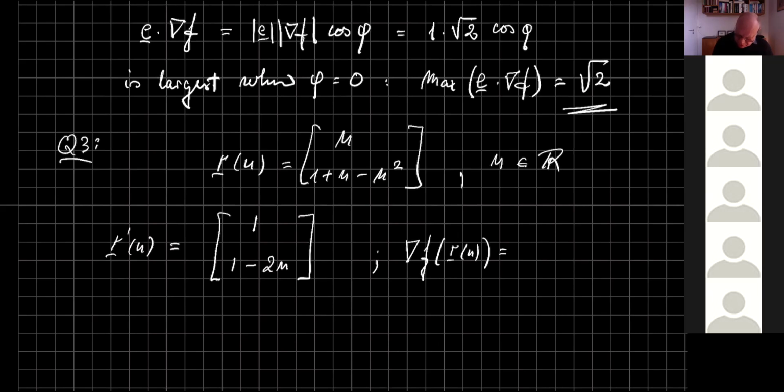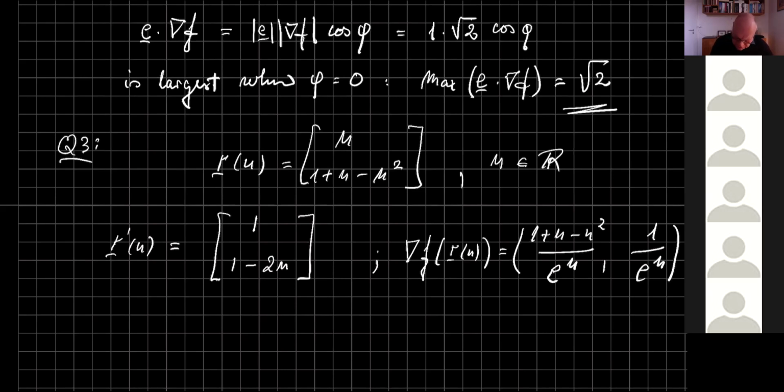Remember, it was y divided by the exponential of x, so y is 1 plus u minus u squared, divided by e to the u, since x is u. This was the first coordinate. The second coordinate is 1 divided by e to the u.